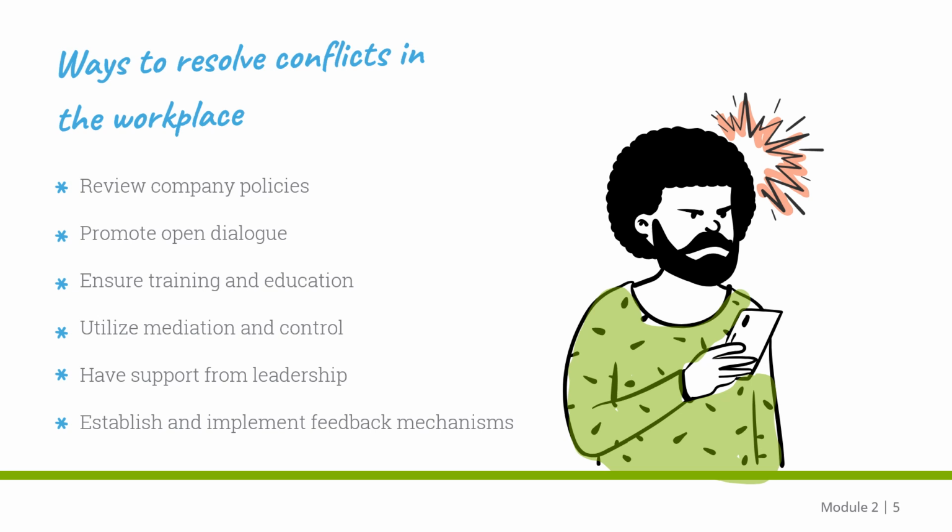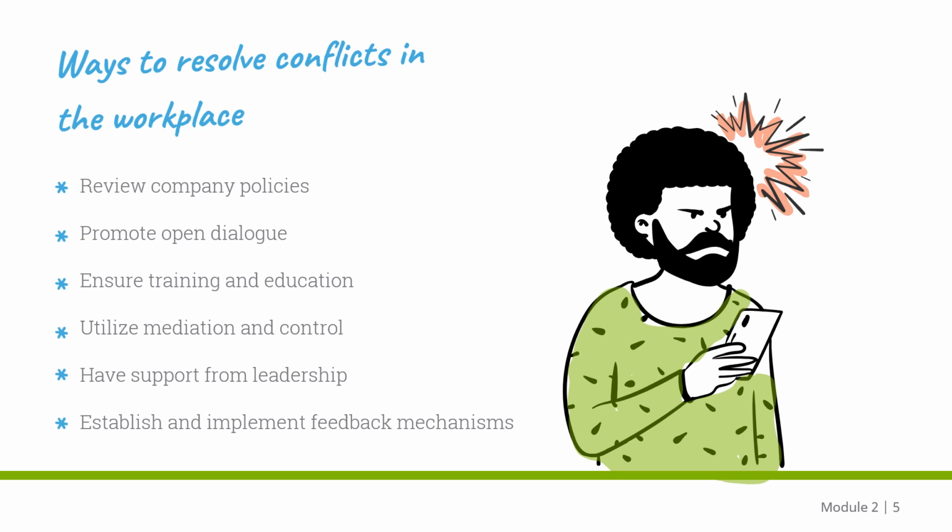Effective management in a company involves several key strategies. First, prioritize the regular review and updating of policies to ensure they reflect current practices and regulations while also ensuring everyone is aware of and adheres to these policies.